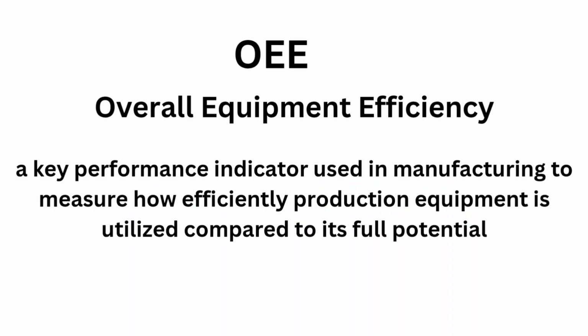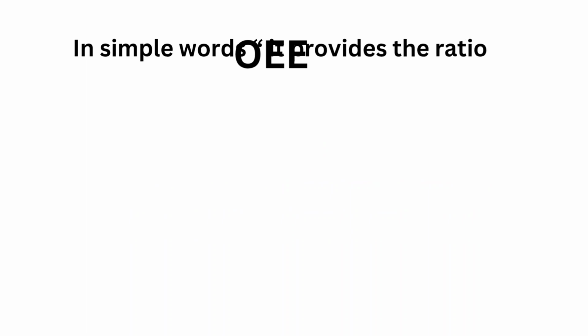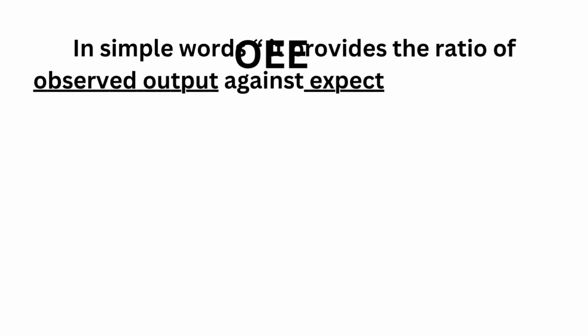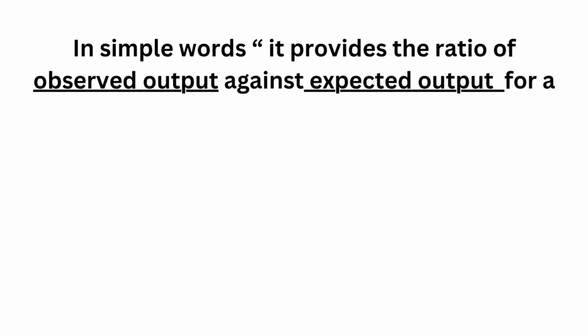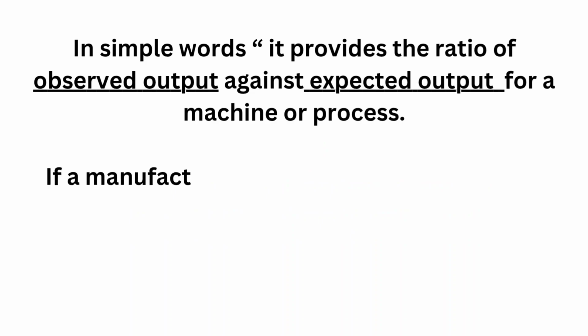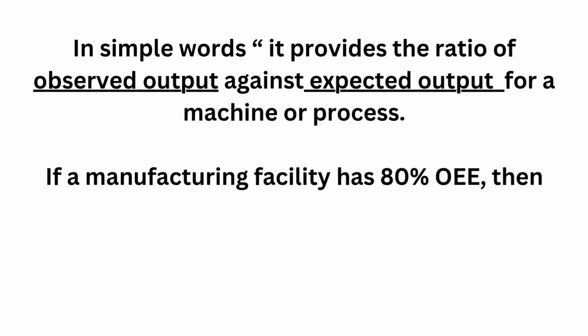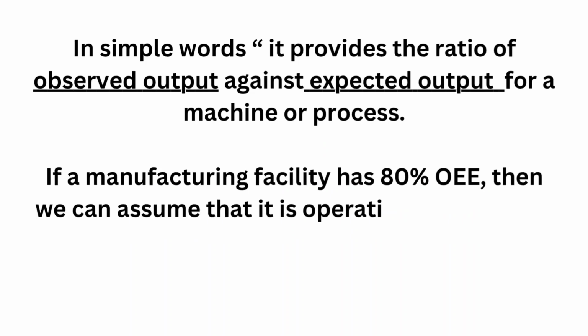In simple words, it provides a ratio of observed output against expected output for whichever manufacturing machine or process we consider. If a manufacturing facility is operating at 80% OEE, then we can assume that the machine or the process is operating at 80% of its intended capacity.